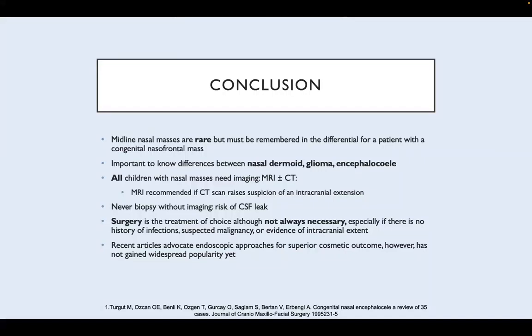There are also recent articles which advocate for endoscopic approaches for superior cosmetic outcome. However, it has not gained widespread popularity, and it takes a certain amount of skill and technique to do those in a way that gives the patient the best outcome without a recurrence.